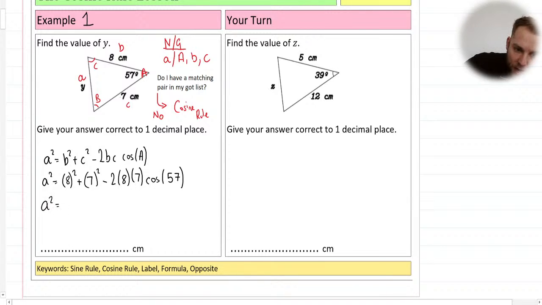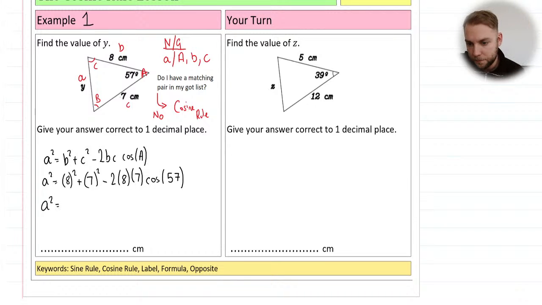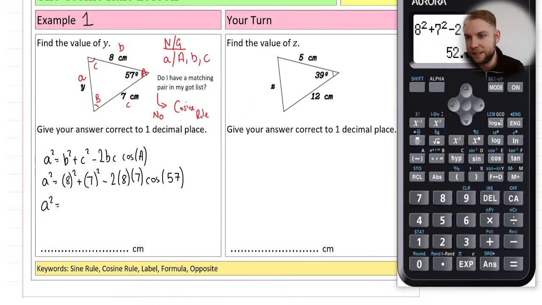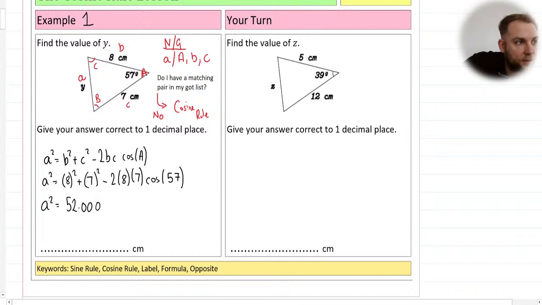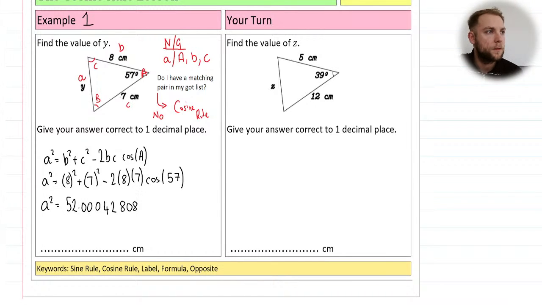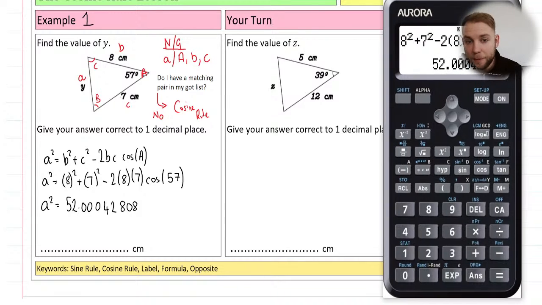A squared is equal to 52.00042808. Okay? Now, I haven't actually finished there. That's not my answer because that's equal to A squared.